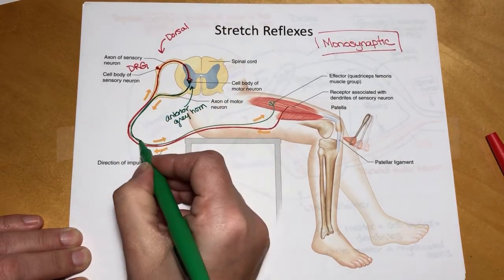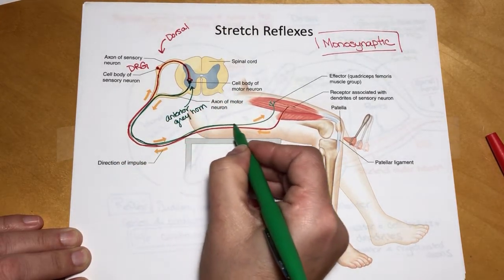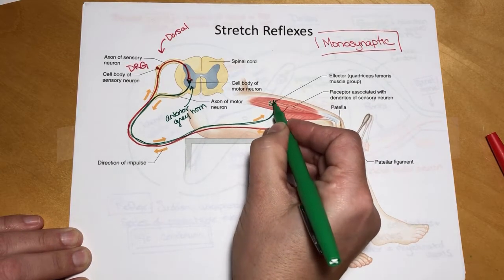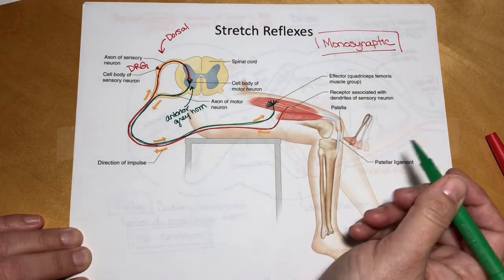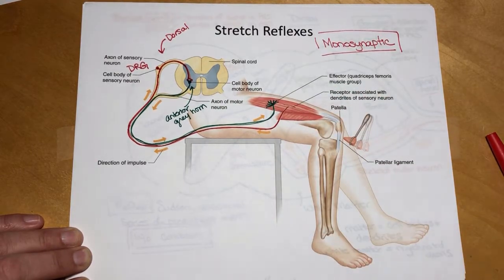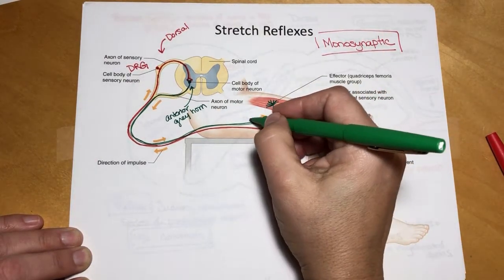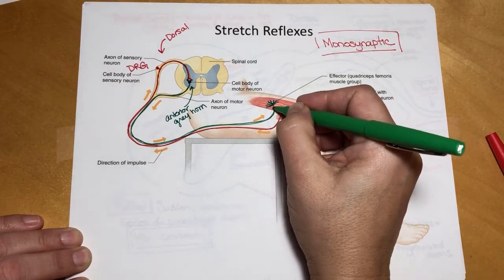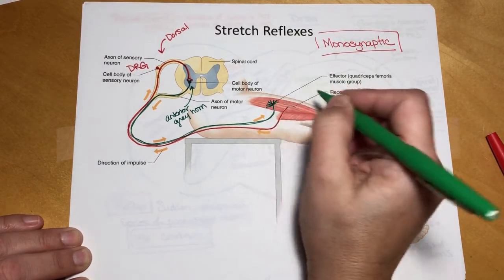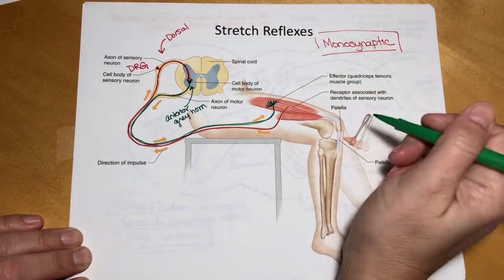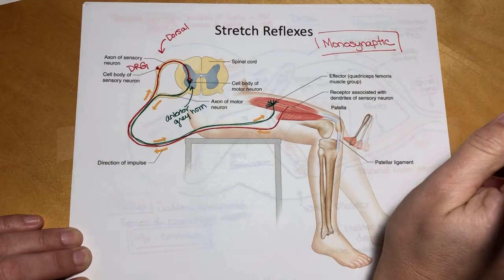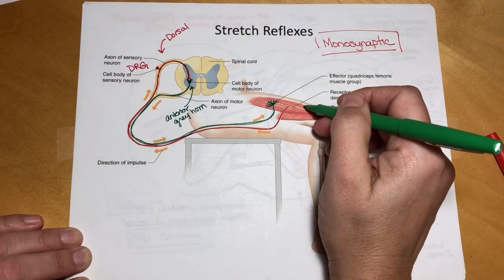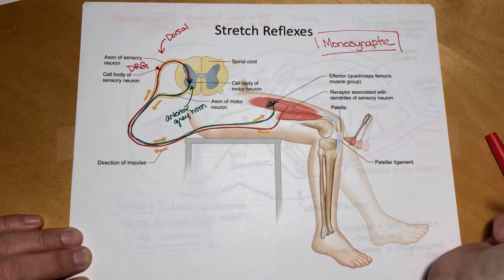And this motor neuron is going to come out and innervate this muscle and cause muscle contraction. Remember when we talked about muscle contraction and we said the action potential comes down the motor neuron, well there it is. That's going to cause the rectus femoris to contract, and it's going to cause this leg to kick out because the action of the rectus femoris is extension of the knee.